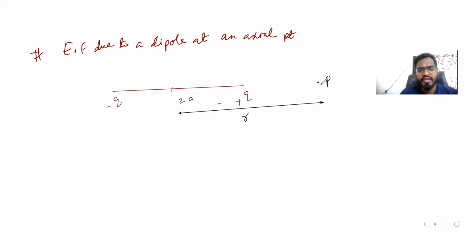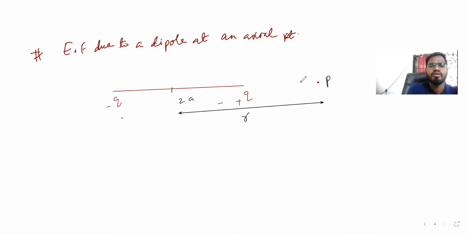We want to find the electric field at point P. For that we have to see individually the electric field due to the minus q charge at point P, and due to the plus q charge at point P. Then we find the net of the two and we get the answer.